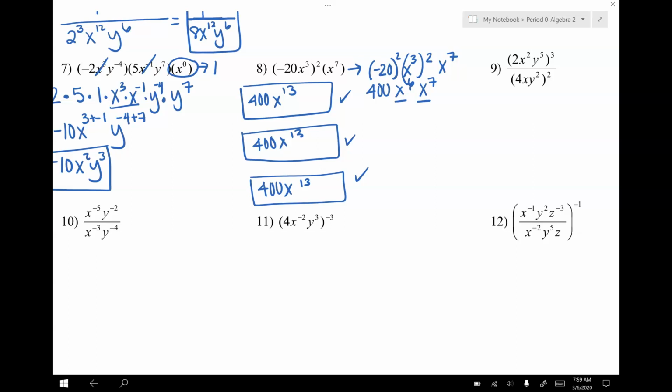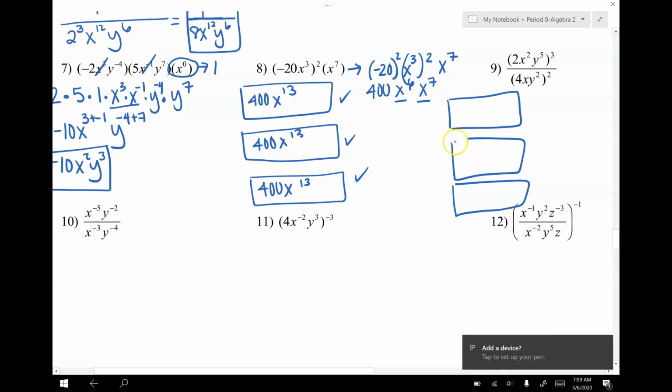Okay. Are we done with number 9? If you're not done, just say I'm not done, and that's okay. Audrey S, do you have an answer for number 9? What do you have? I got 1 over 2x to the 4th, y to the 11th. Okay. And then Ella, did you have an answer to number 9?